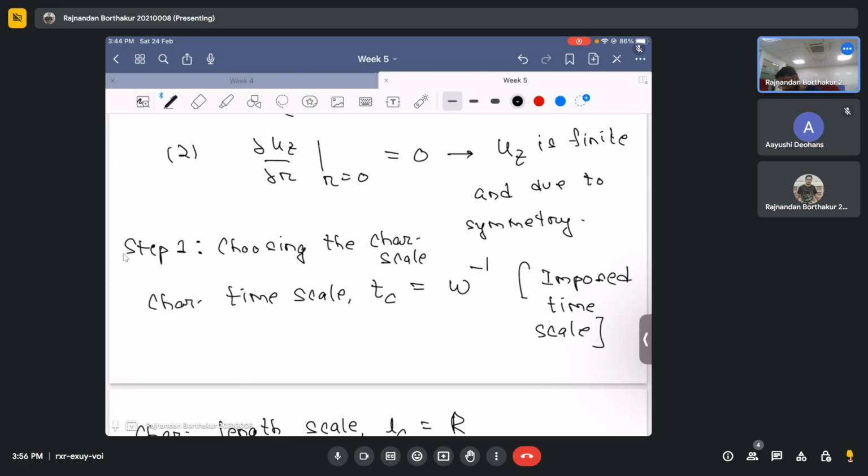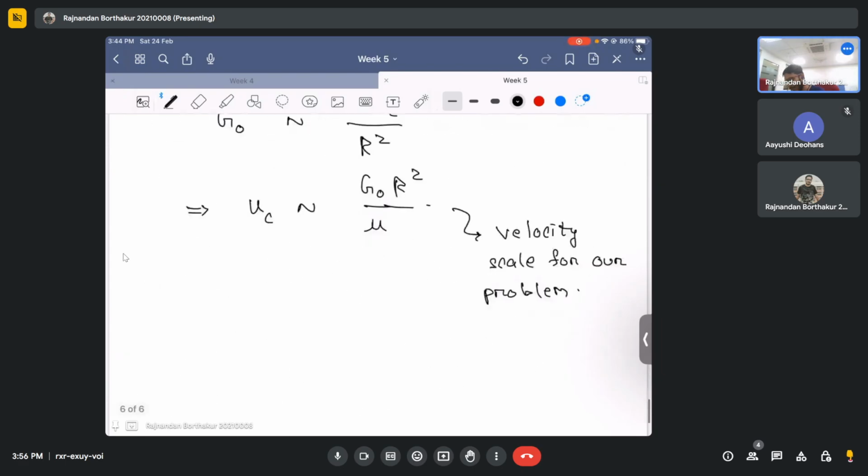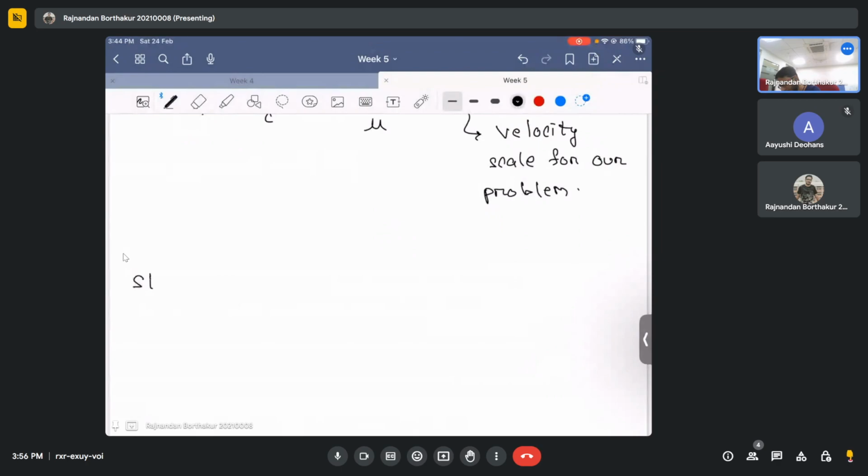Step two is basically defining the non-dimensional variables based on the characteristic scales.